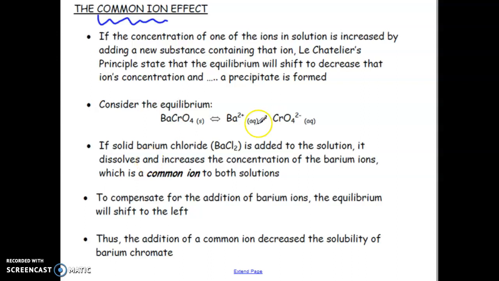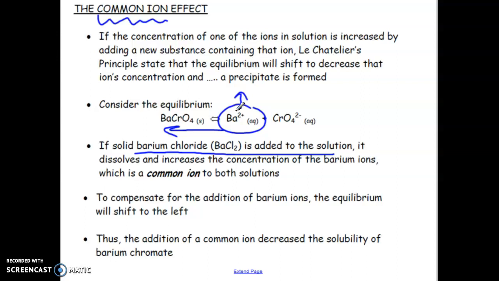So the example that we're using here is, let's say we had an equilibrium happening and we're going to add barium chloride to this solution. Well, what happens is you already have barium present. So you're going to have an increase in barium, which would cause a shift in the equilibrium to the left, which means you will not have as many ions being able to be within the solution.